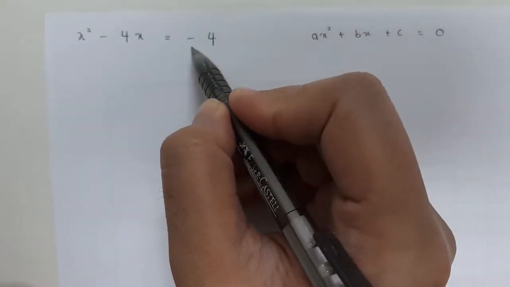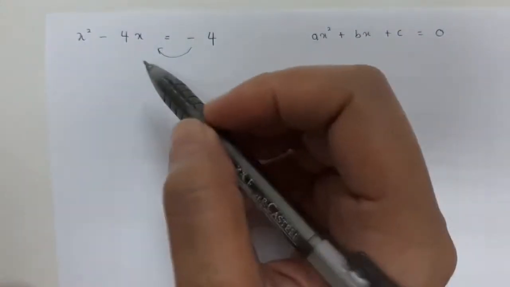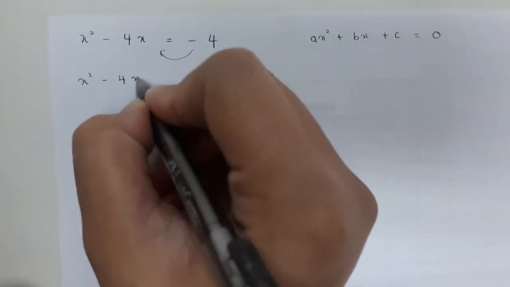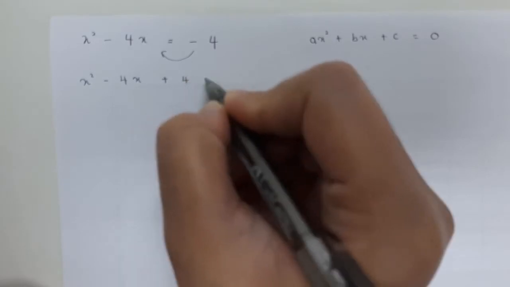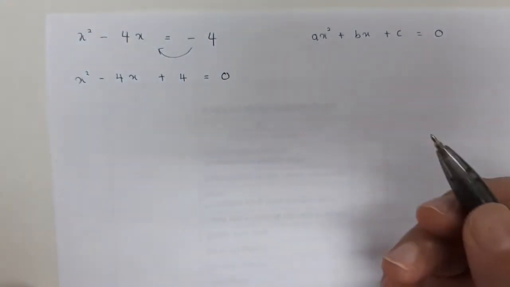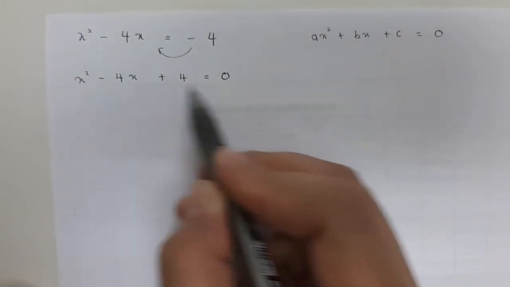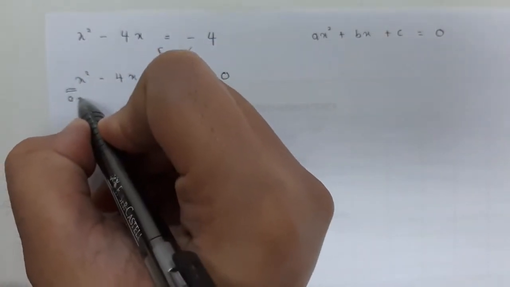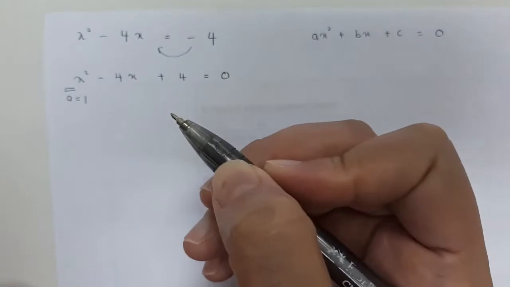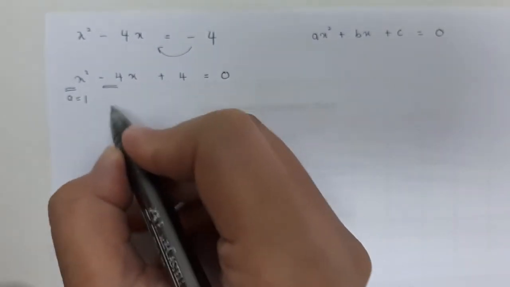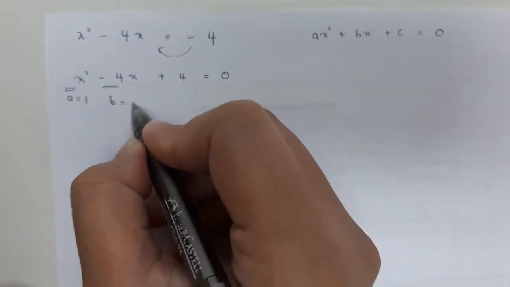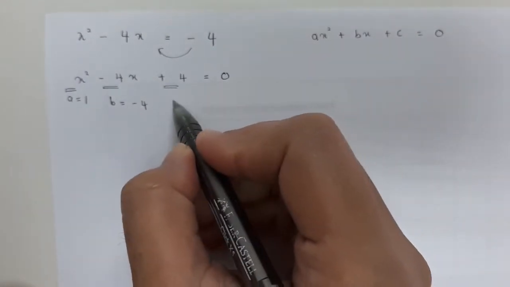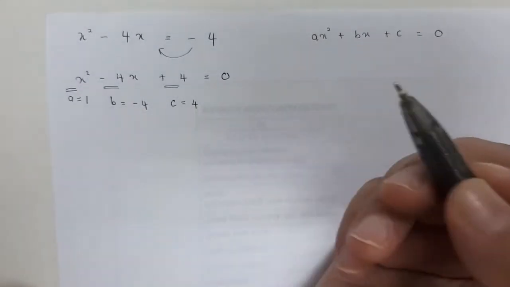So let's bring negative 4 to the left and we get x squared minus 4x plus 4 equal 0. So from this, we know that A equal to 1. From here, B equal negative 4. And from here, C equal 4.